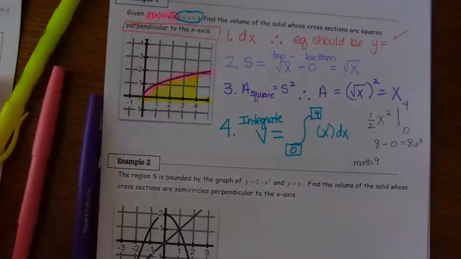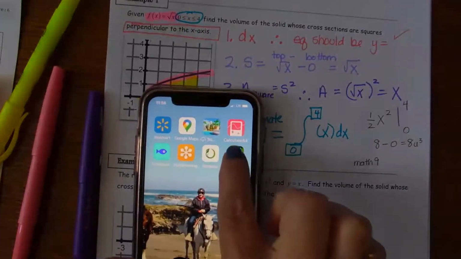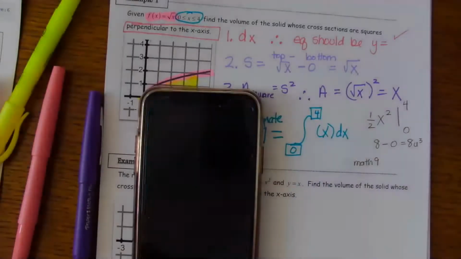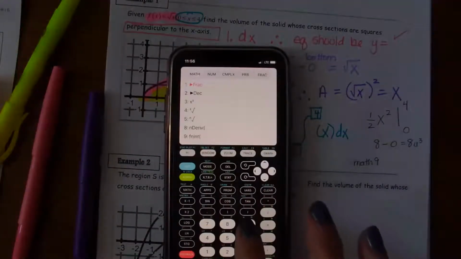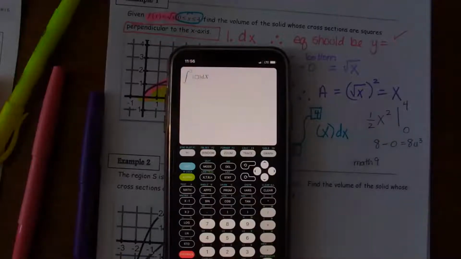Whoops, I'm looking for it right now. Well, okay. So if you do calculate, you should be able to do that math 9. Okay. So use your calculator.